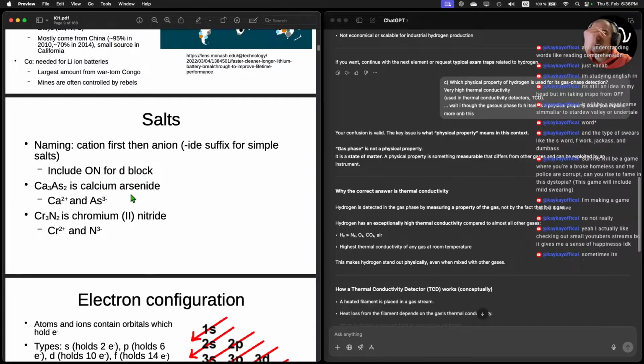Calcium arsenide: calcium 2 plus, arsenic 3 minus. Chromium nitride: Cr 2 plus, N 3 minus. Okay, okay. I gotta get the naming a bit more correct. I'm still having a hard time with the naming.